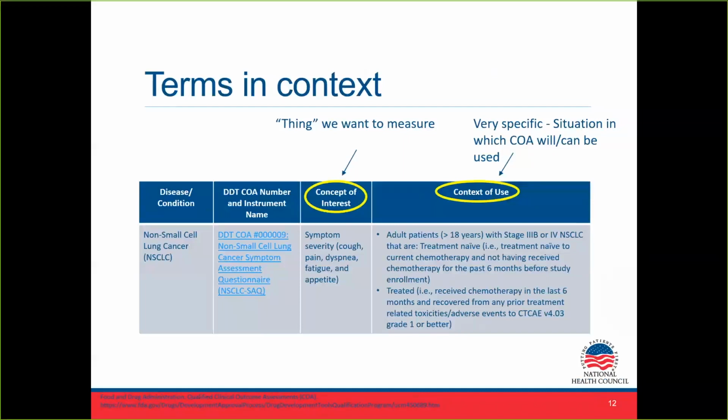But for qualification, the qualification program involves looking at the instrument properties, looking at how the instrument was developed and in which context of use it was developed, and then determining whether this would be aligned with the standards for the development of clinical outcome assessments that the FDA has developed.